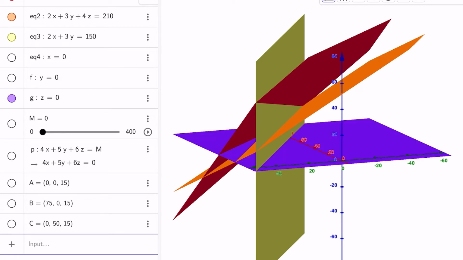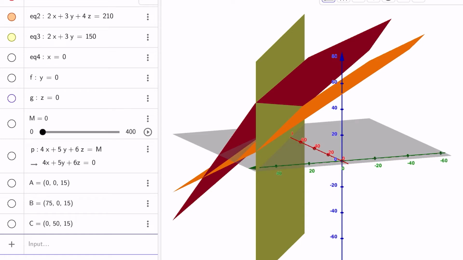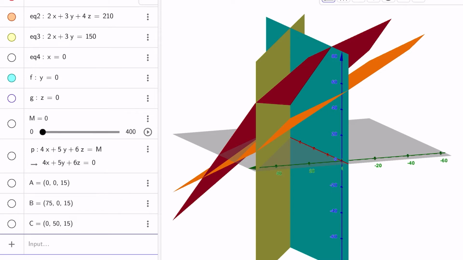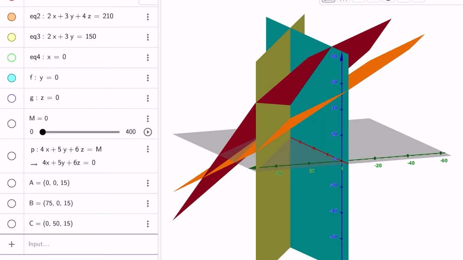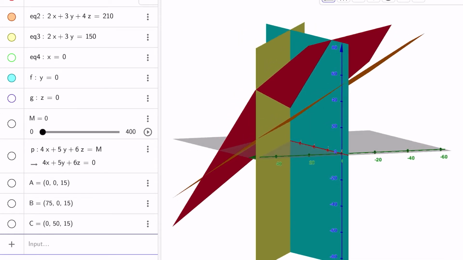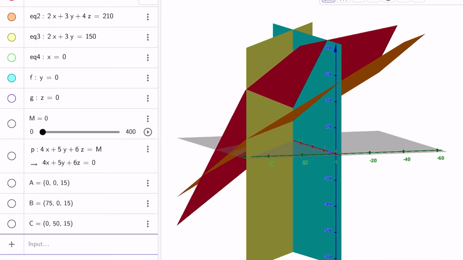Like z equals 0 is just saying that it's got to be above that purple plane, which is already in grey. Y equals 0 says it's got to be to the left of that blue line, and then the x equals 0 one says we have to be inside that thing, but that blocks it off, so I won't show that one. But there's the feasible region in that little wedge there.